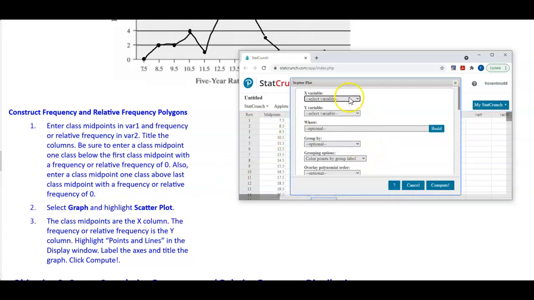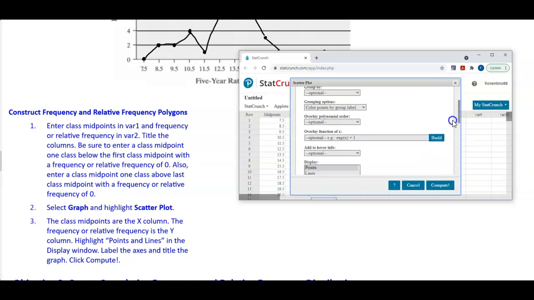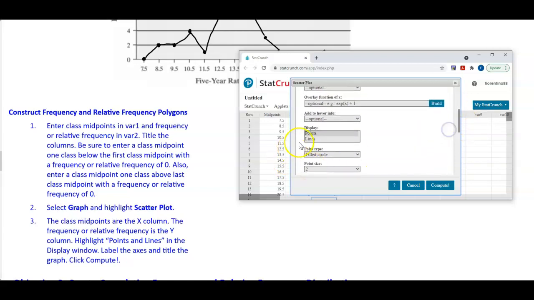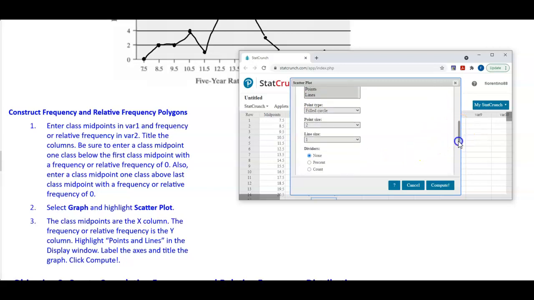Okay, in the x variable, we're going to call that the midpoints because that has to be along the x-axis. In the y variable, we're going to use the frequency to do the frequency one first. Okay, and then down at the bottom, here where it says display, we want to display points and lines. We want to hit the control button.